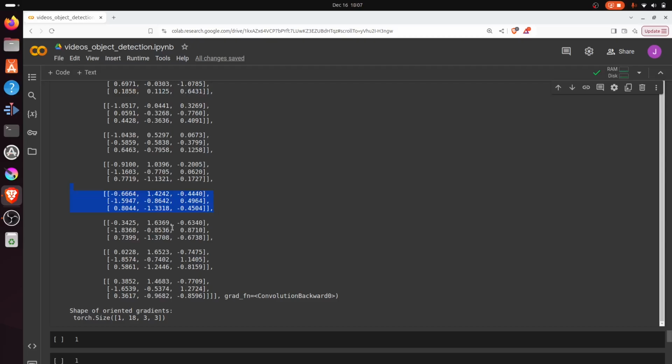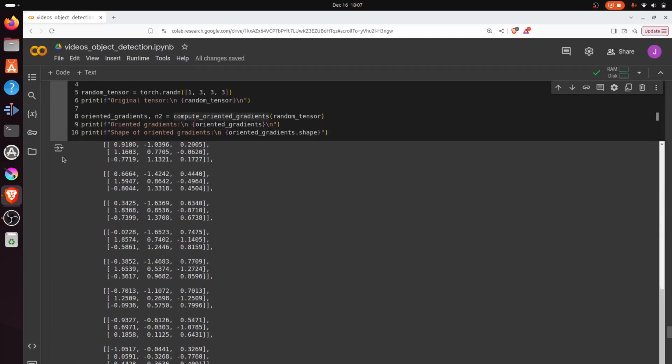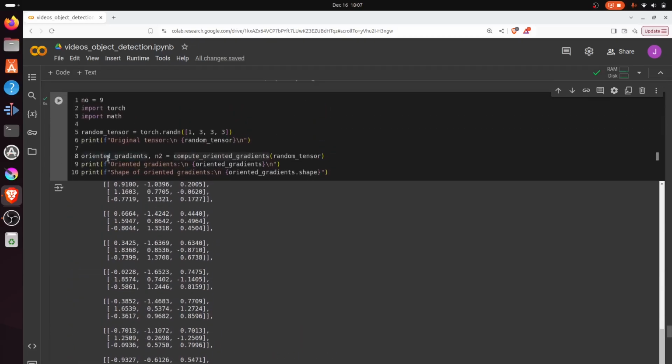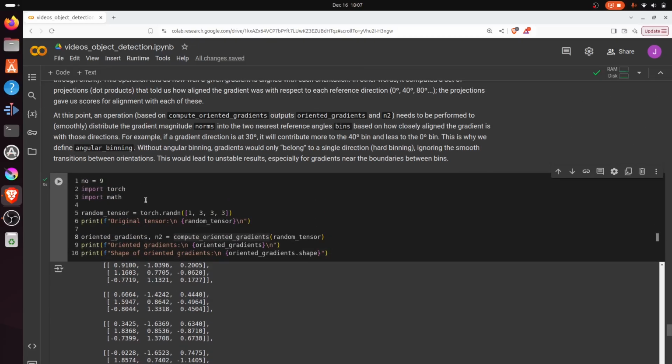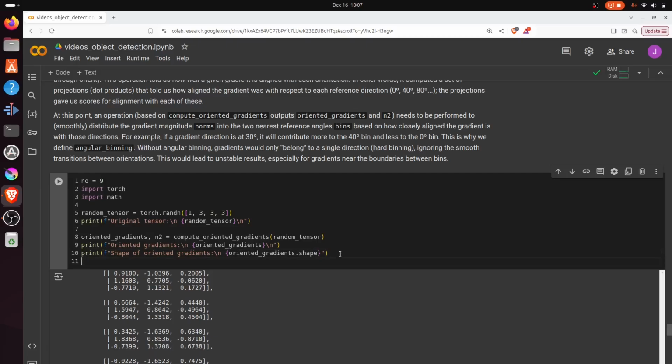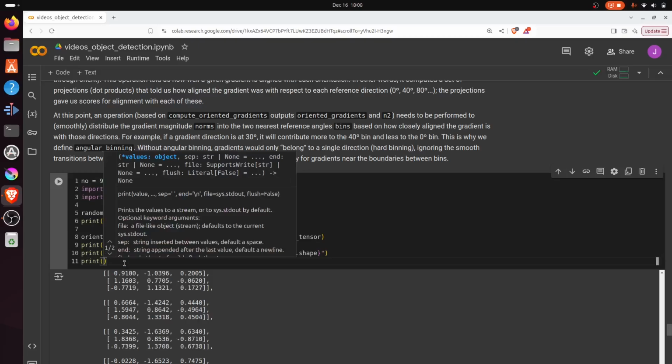Fantastic. So that is just recalling what we obtained, because we're going to use the results in our new method called angular binning. But also remember that we had another output, which we just unpacked. So let's also visualize that. That was the squared magnitude.